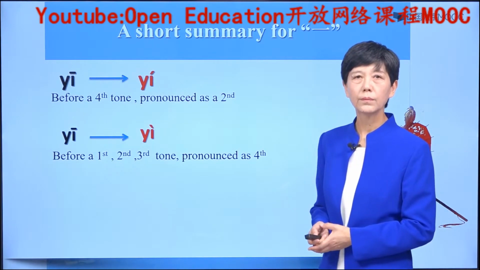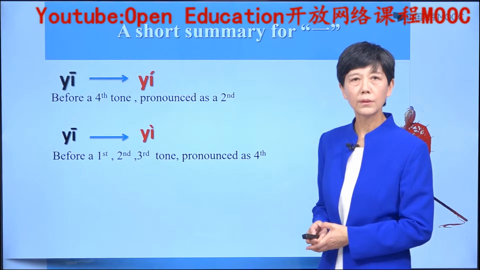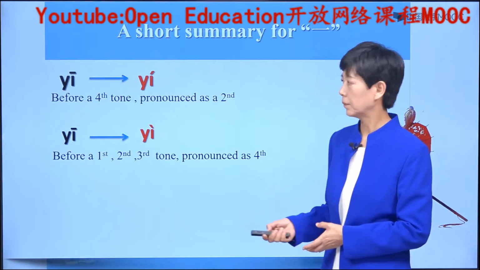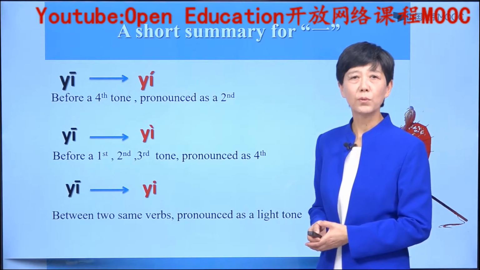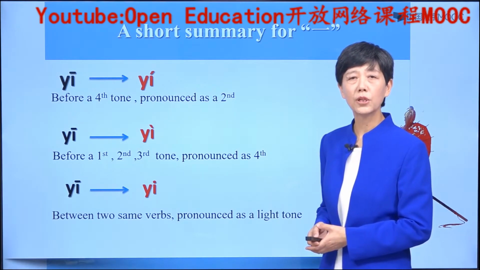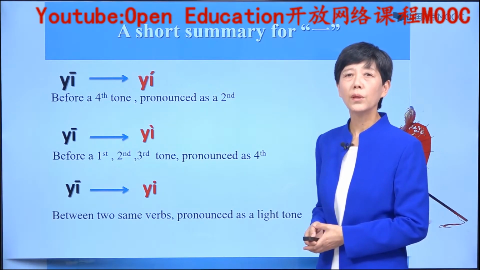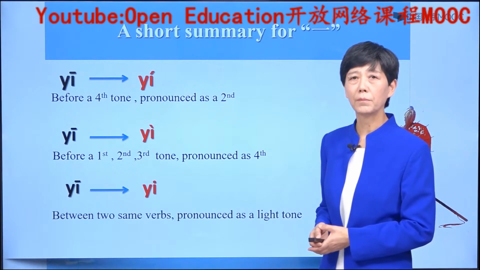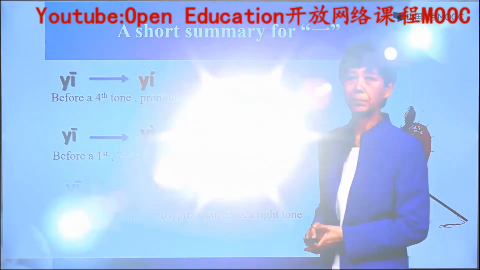The third, between two same verbs, 一 will be pronounced as a light tone. I should ask you not to worry about these rules. All of this kind of change is for the sake of convenience. When you speak Chinese fluently, you will be able to change the tones naturally.